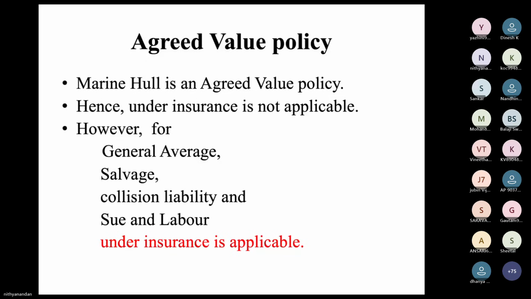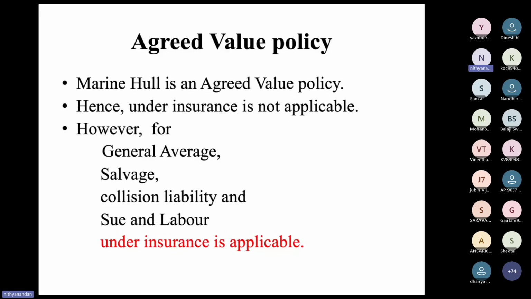But for the claims of general average, salvage, collision liability, and sworn labor charges, underinsurance is applicable. That means for partial losses and total losses of the ship, underinsurance will not be applicable. But for all other expenses like general average, salvage, collision liability, sworn labor, underinsurance is applicable.